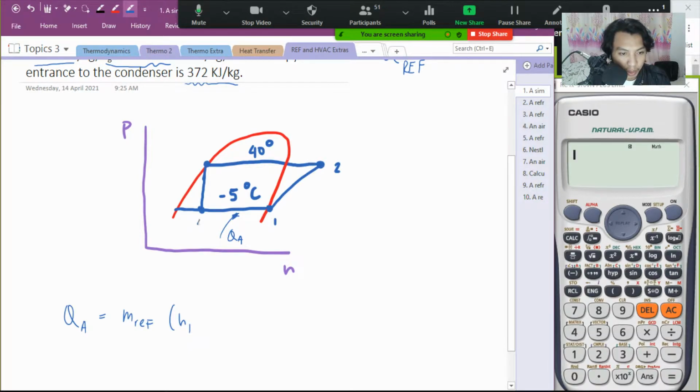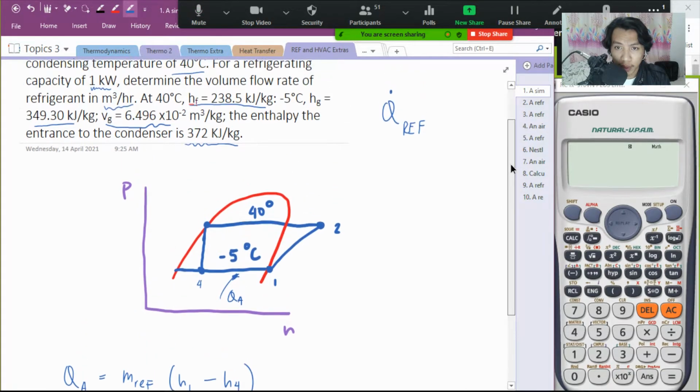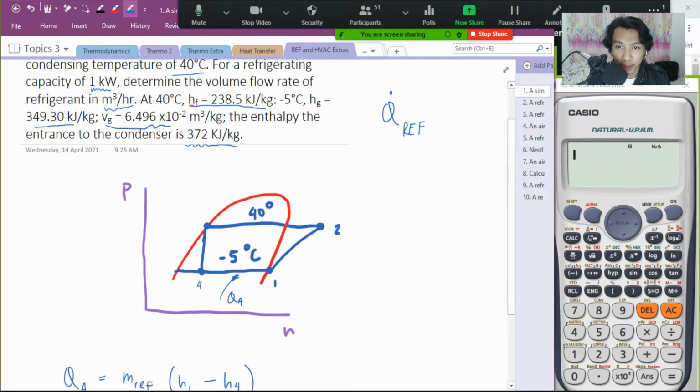H1, dito yung 4. Minus H4. Now, ang binigay niya dito is 1 kilowatt. Pero saan manggagaling yung ating volume flow rate? Itong Q, wag na nating Q, 'di ba? Meron na tayong Q diyan. So palitan natin tong Q. This is volume flow rate ng refrigerant ang hinahanap natin.